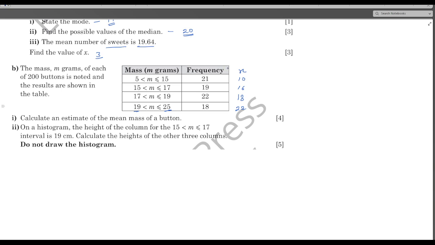Okay, now you have the frequency, you have the x value, so you can create one more column, which is nothing but your frequency times your x value. So 21 times 10 is 210.